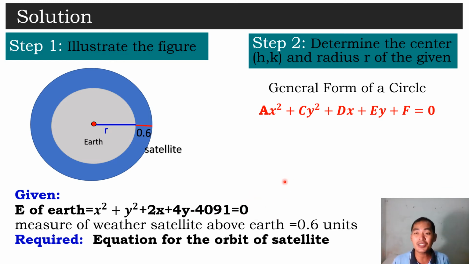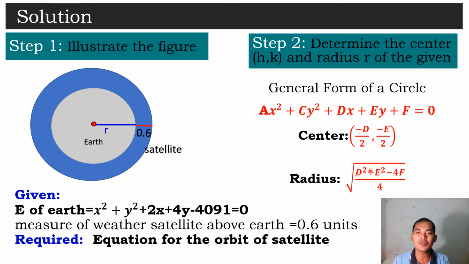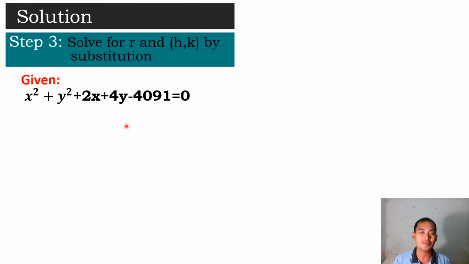And we have a shortcut on how to get for the center of the circle and the radius of the circle when the given equation is in general form. For the shortcut of the center, we have negative d over 2, negative e over 2. And the shortcut of the radius, we have the square root of d squared plus e squared minus 4f all over 4. So we solve for the center.